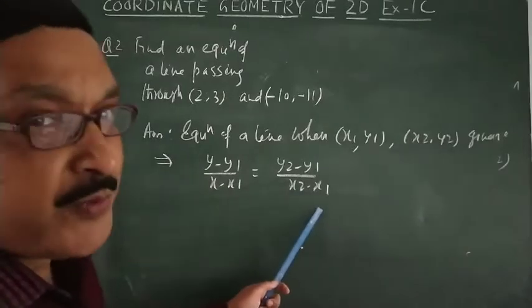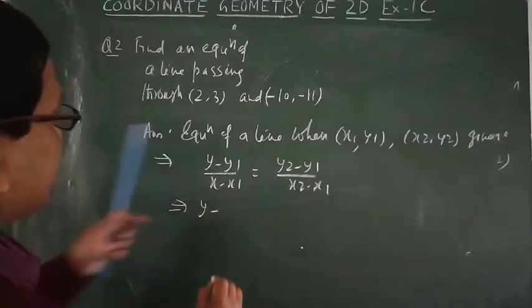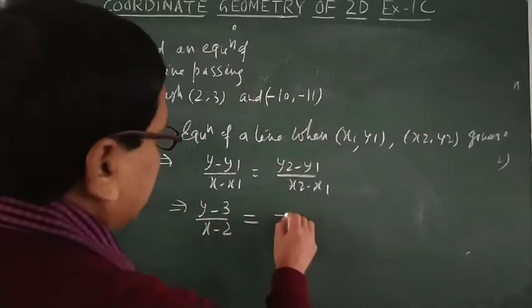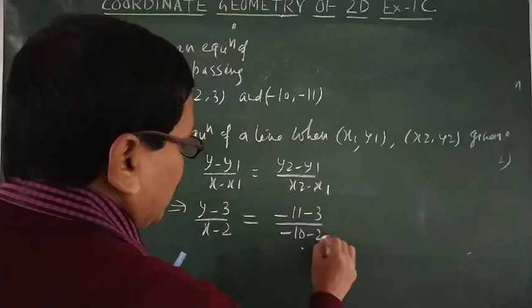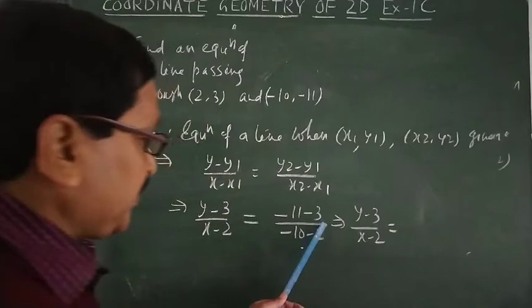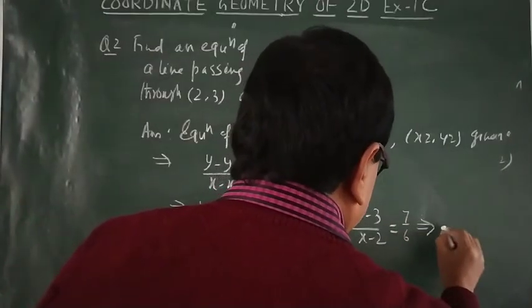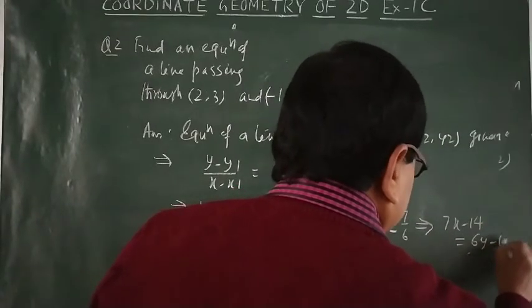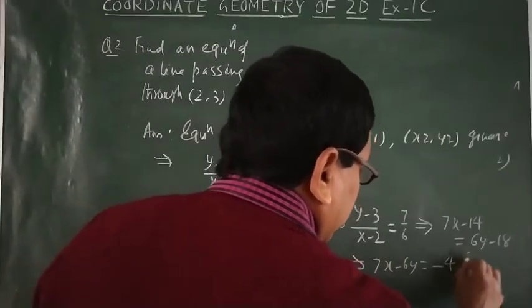You can use this long formula to find the same answer. So this is y minus 3 by x minus 2 is equal to minus 11 minus 3 by minus 10 minus 2, which is 14 by 12, 7 by 6. So we get the same answer, 7x minus 14 is equal to 6y minus 18. So this is again 7x minus 6y equal to minus 4, the answer.